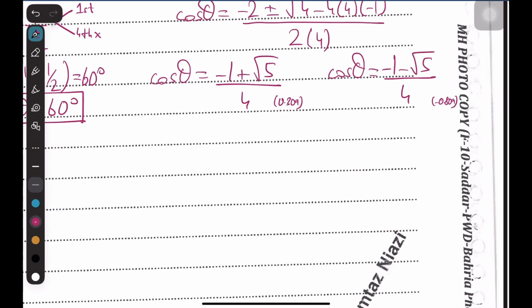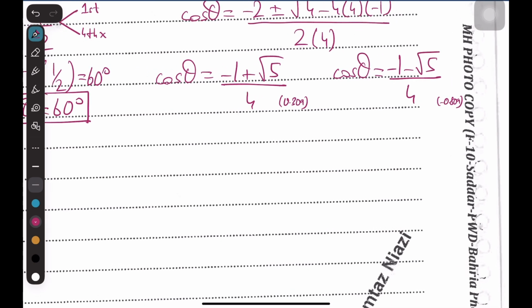Now for the next one, we have cos theta equals 0.309, or this whole thing. So for alpha, we'll have cos inverse of 0.309, which is equal to 72 degrees.